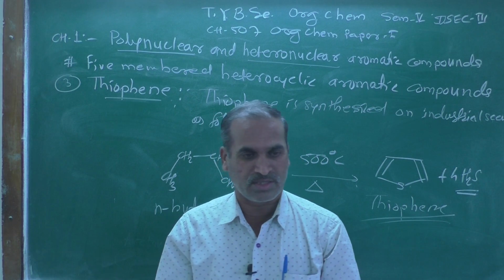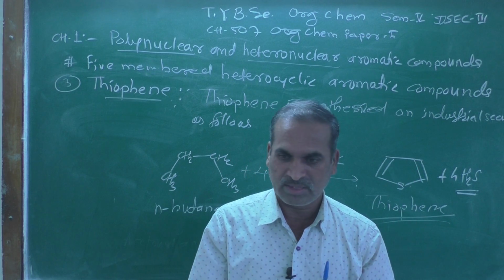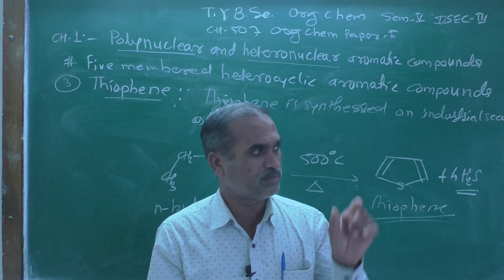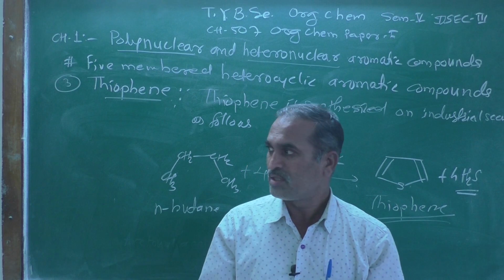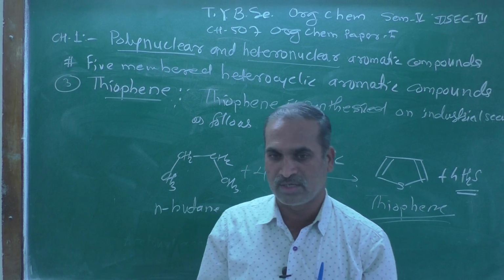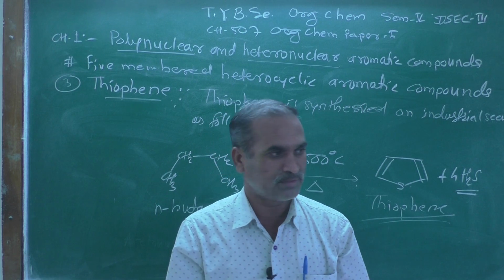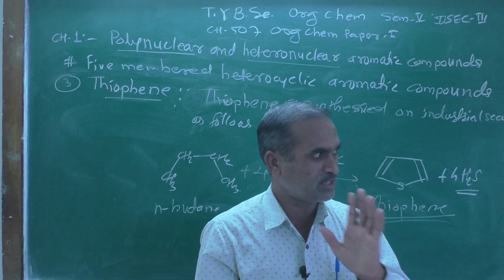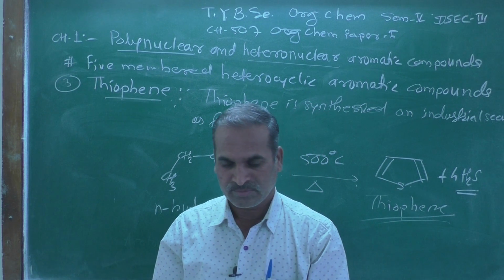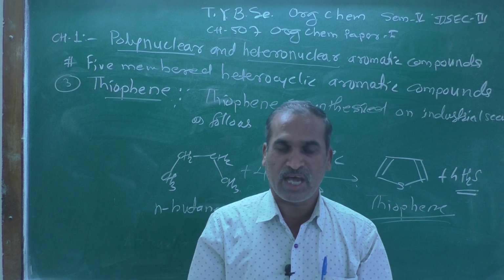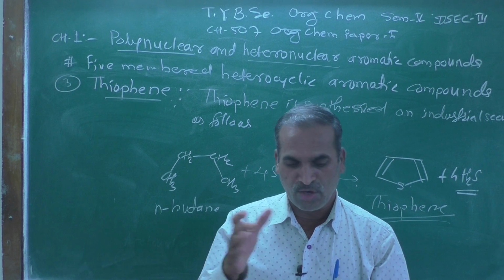For it, the starting material is prepared from a 1,4-diketone. The starting compound acetonyl acetone, on heating with phosphorus pentaoxide, gives 2,5-dimethyl thiophene.